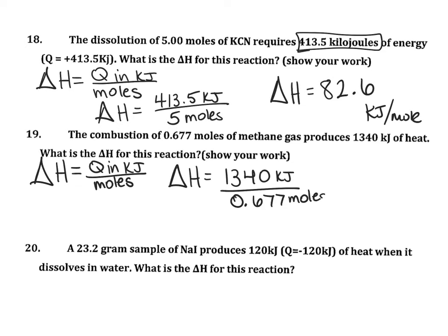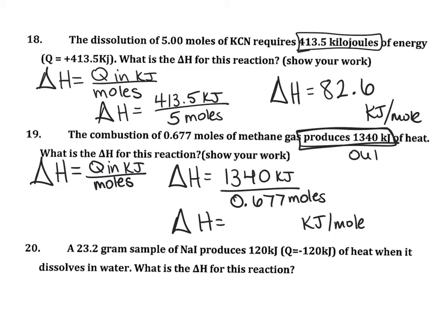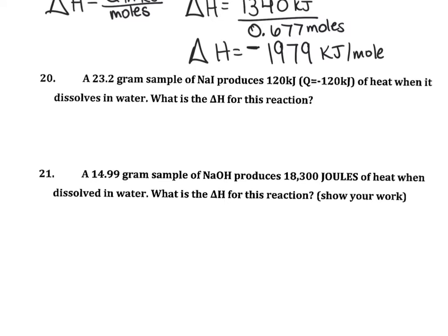Again, our answer is going to have units of kilojoules per mole. I want you to notice it says produces. That means energy is going out or exiting, and we have to remember that that is going to be a negative amount of energy. So I'm going to put my negative on there. When I calculate this, I get negative 1,979 kilojoules per mole.